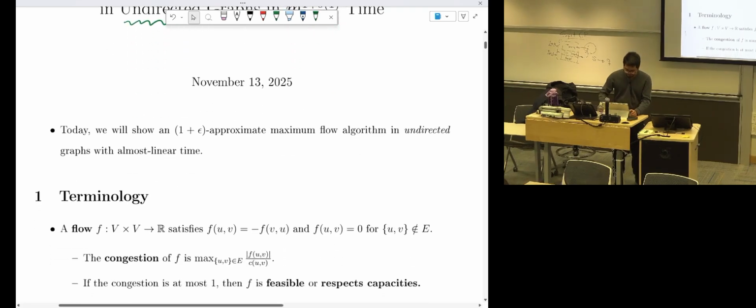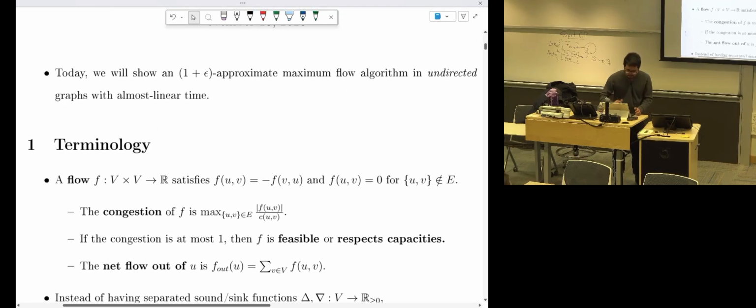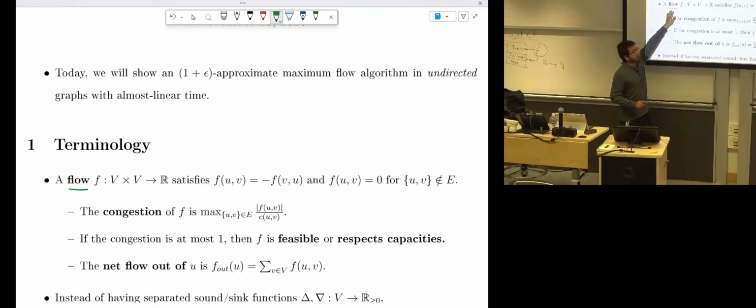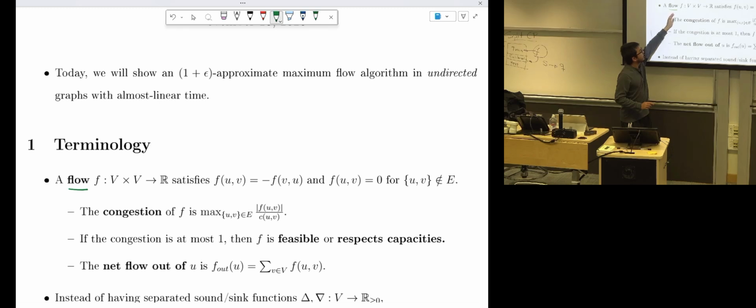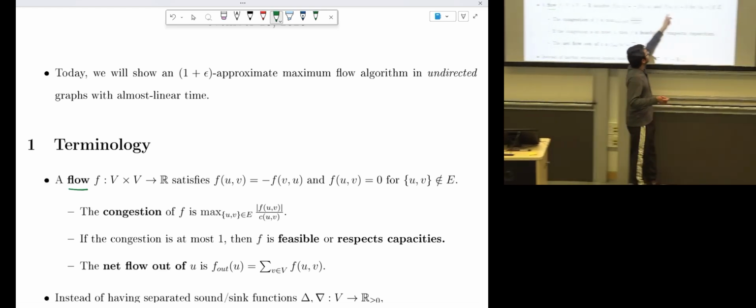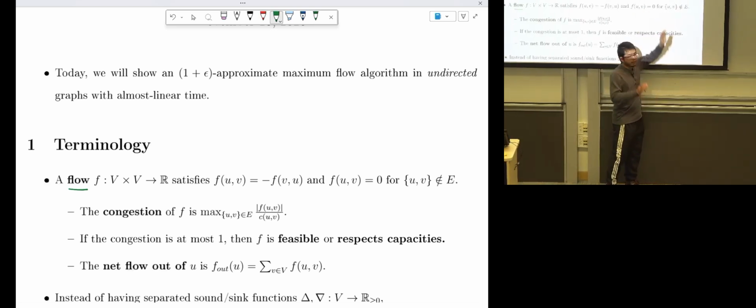Okay, so let's start with basic terminology again. For today, I'm just gonna define flow in a quite liberal way. Flow today still captures what flow is, but it's just a function that, for any u and v which is not an edge, is still 0.